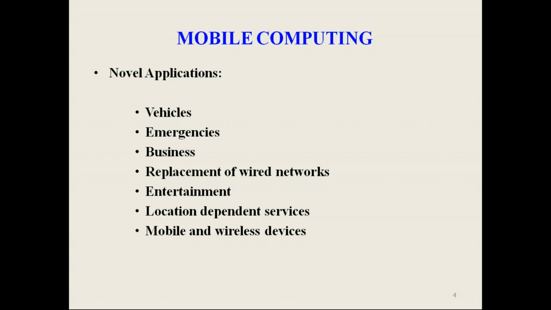Some of them are sensors, embedded controllers, pagers, mobile phones, personal digital assistants, simply called PDAs, palm top, pocket computer, notebooks, and laptops. These are some examples of mobile and wireless devices, graded by increasing performance.